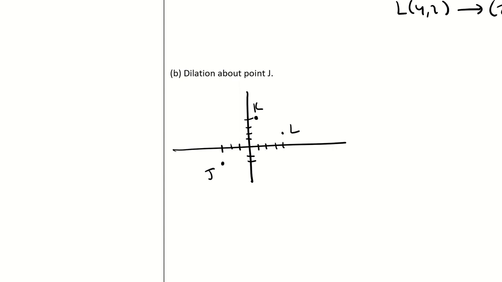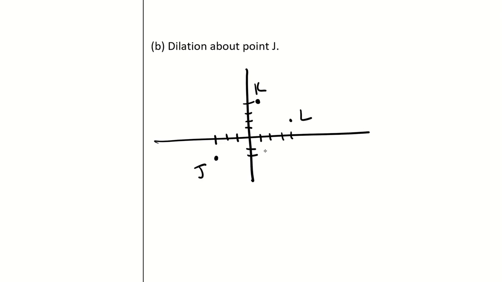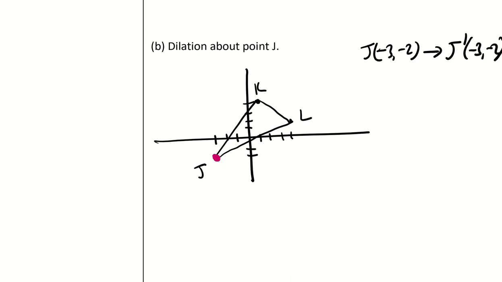Okay, so here's the triangle, the original. And we want to dilate about point J, which means that J is going to remain the same. Because if you're stretching it from J, then J is going to stay the same. That one is easy. J is easy.